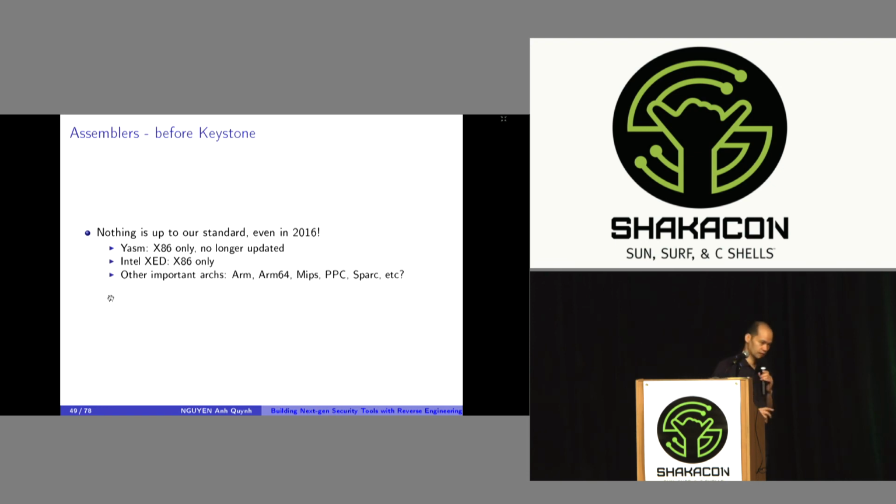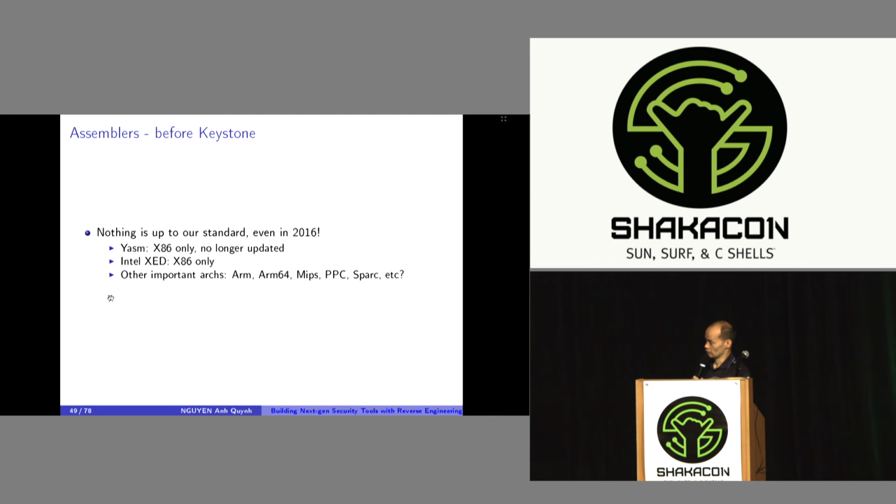So in 2016, last year, I started to look for some assembler framework for my own project, but nothing was good at that time. I could find some assembler frameworks for Intel, but they're all outdated. One at that time is Yasm, which was not developed for a long time.